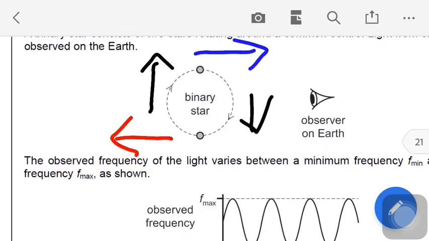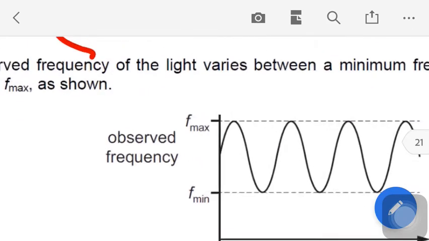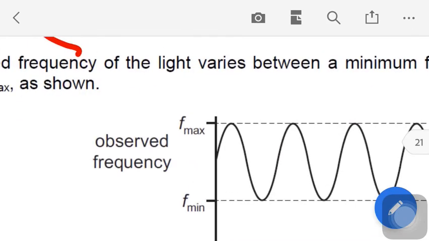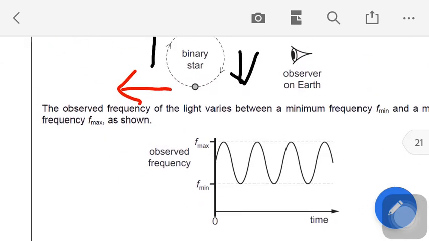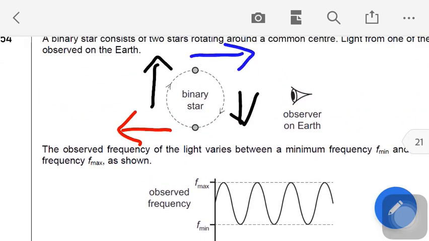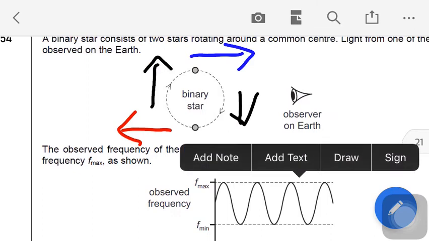When the star starts moving faster towards the observer, the Doppler effect would increase, so the F maximum would be even greater. And similarly, when the rotation increases, the star would also move away from the observer quickly.